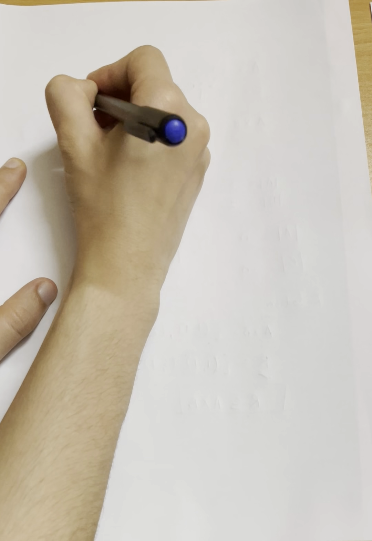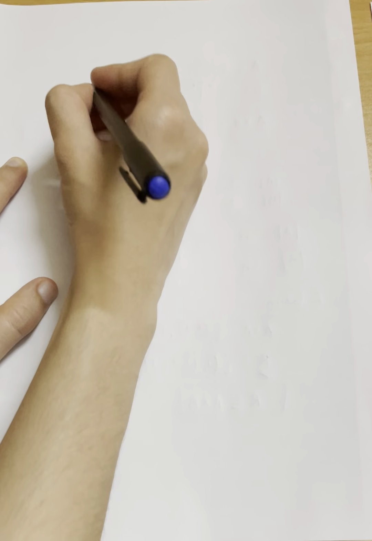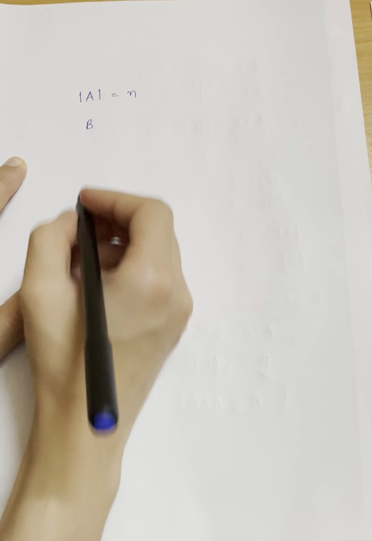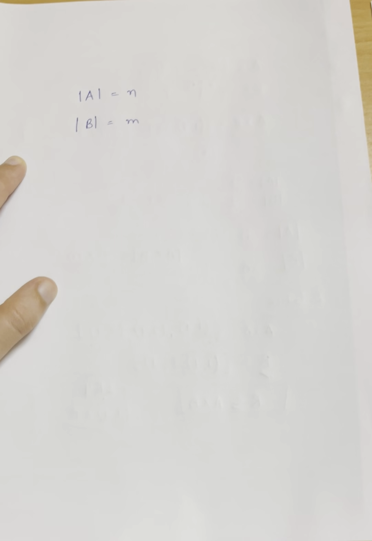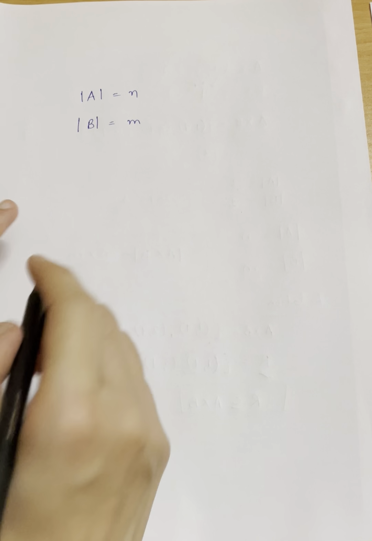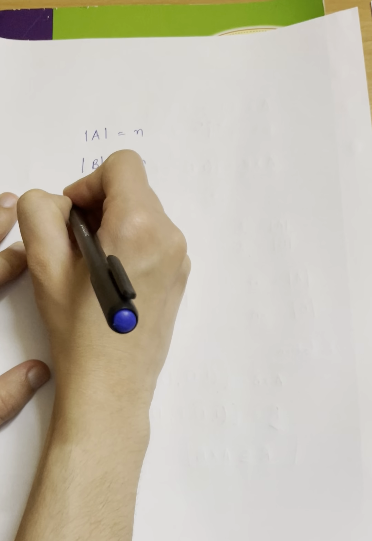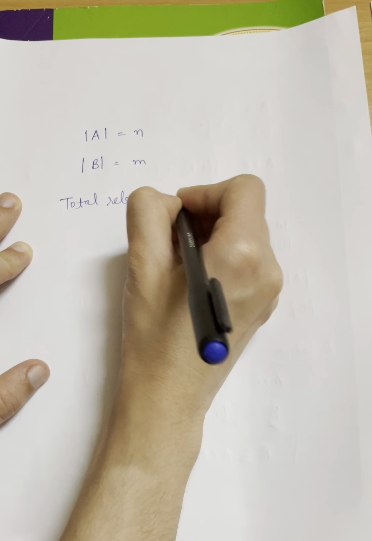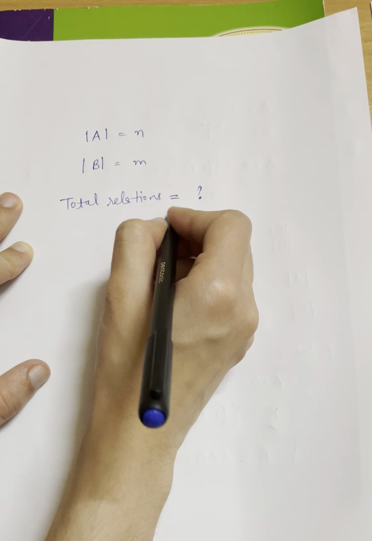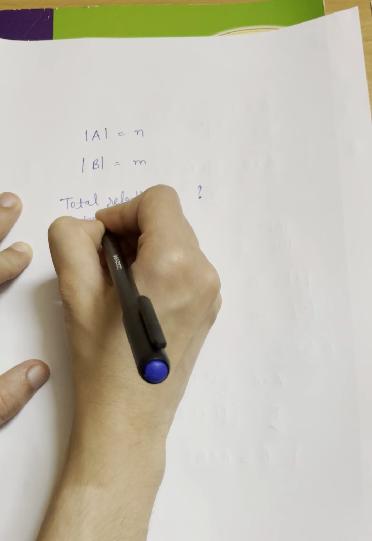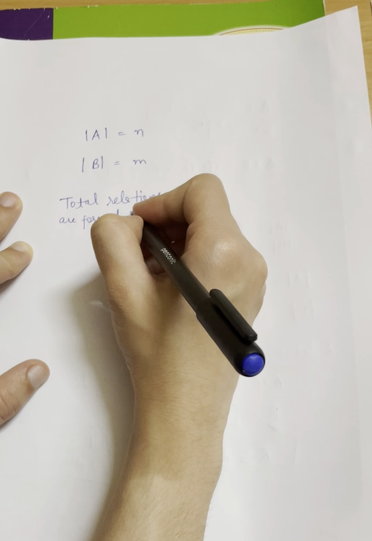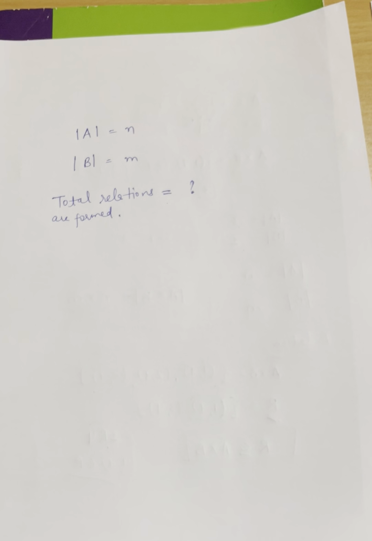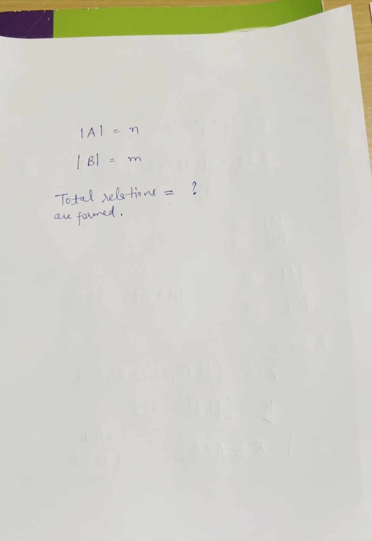Suppose the cardinality of A is n and the cardinality of B is m. Now the question is, we need to find the total number of relations formed.